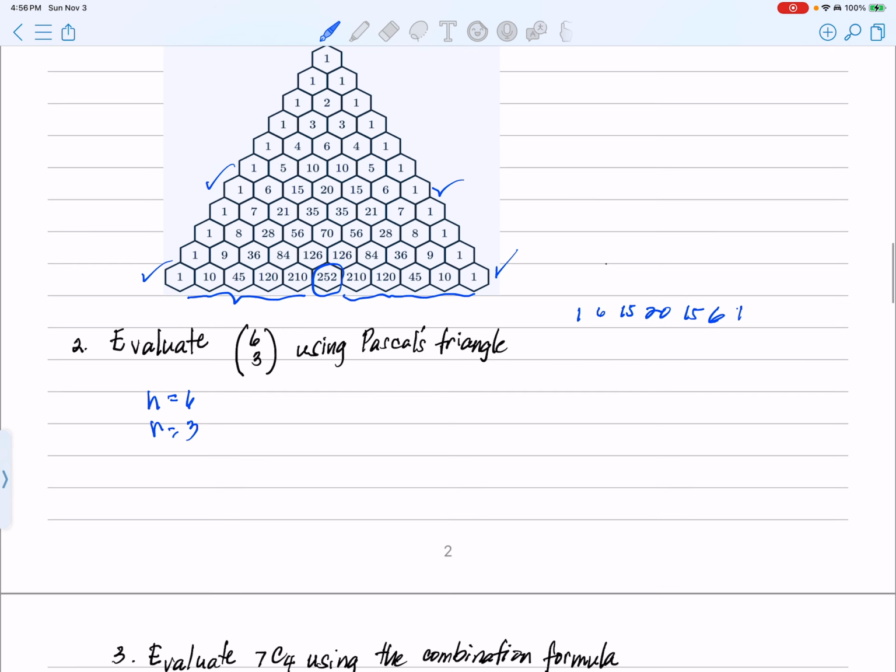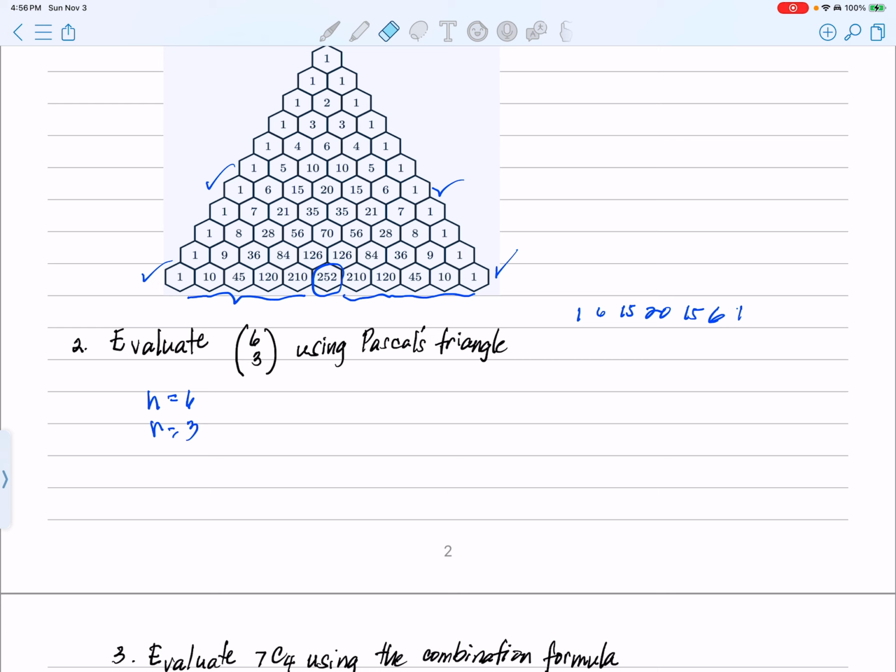So the fourth entry, because you count this as the 0 term, first term, second term, but the entries are 1, 2, 3, 4 when you count that.